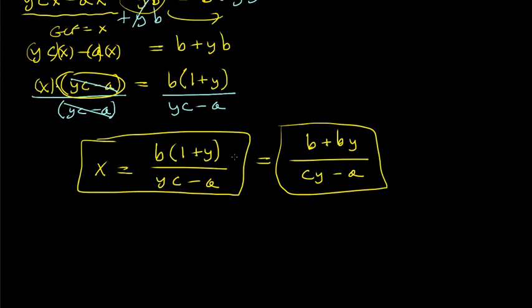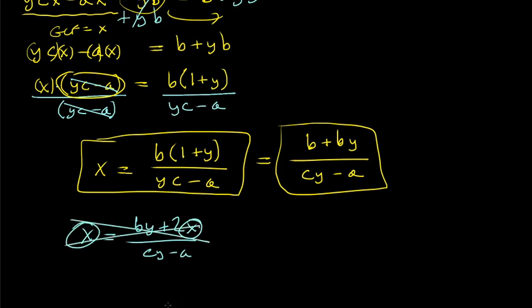Yeah, so keep in mind that if you got an answer where x is on both sides, like let's say you got x equals by plus 2x over cy minus a or something like that. That's not the answer, and in fact, it doesn't make sense because you can't have the same x on both sides. This is not solved for x, right? So if you get something like this, that's wrong, right?